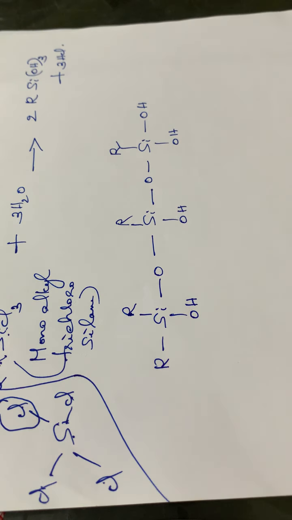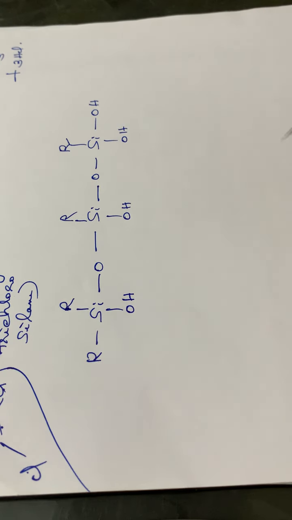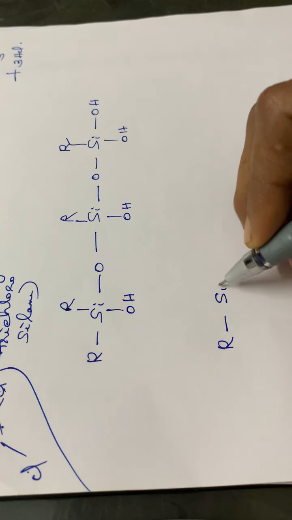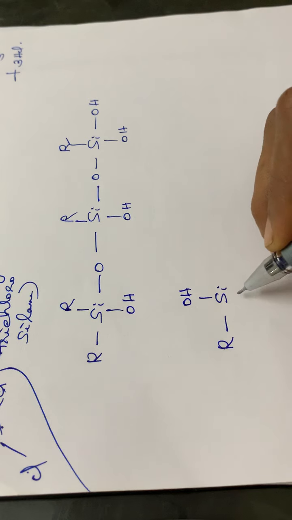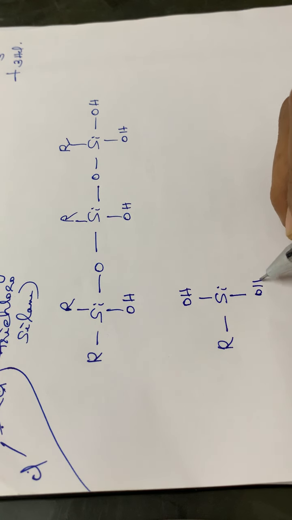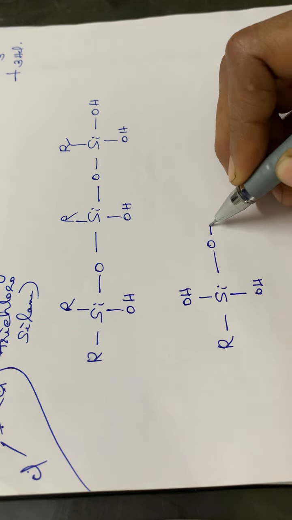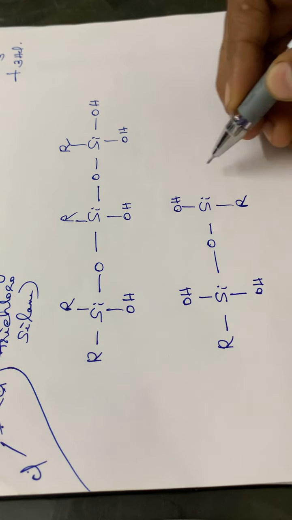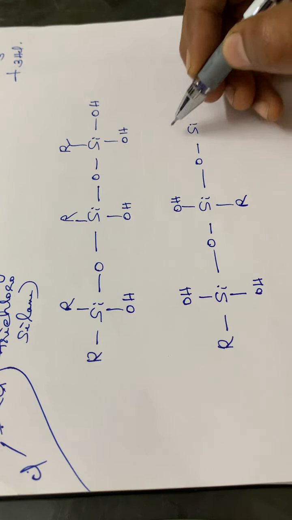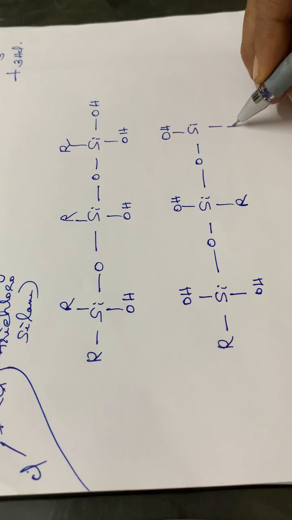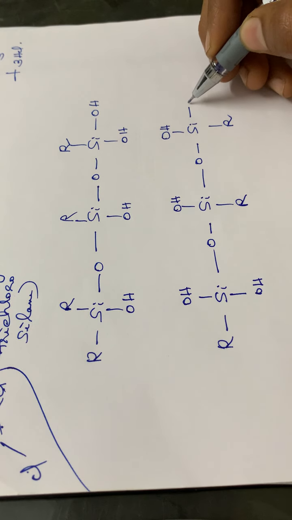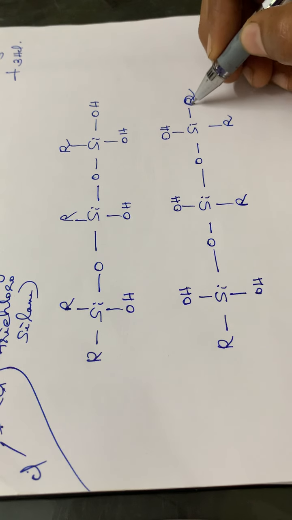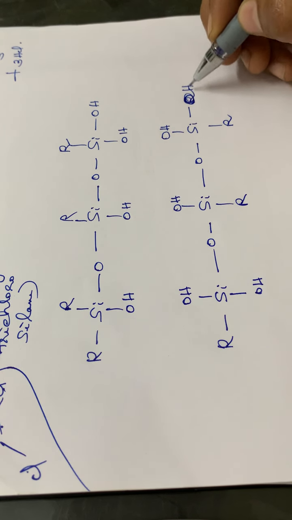So when this type of molecule is hydrolyzed, again I am writing one more polymer like this: RSiOH, then again OH, then O, then SiOH, then R, then O, SiOH, R. Here it can be OH.